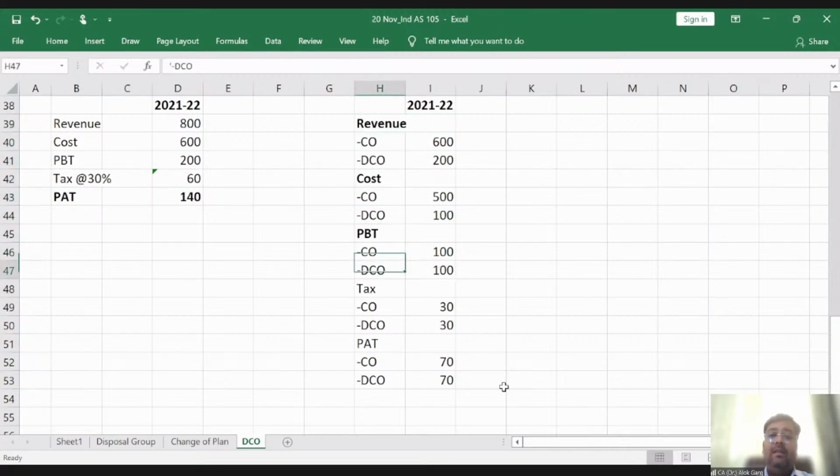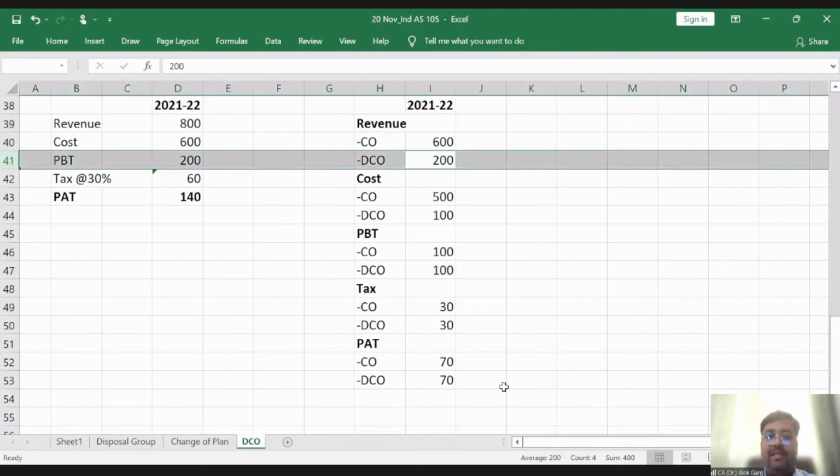So in this P&L, the user will be able to understand that the surviving revenue is not 800 crores. The surviving revenue is 600 crores only, because the company has already discontinued the operation relating to one of its components, and in future, the company will not be able to earn revenue from this component. Hence 200 crore is not a surviving revenue. 200 crore is current year revenue relating to a discontinuing operation.